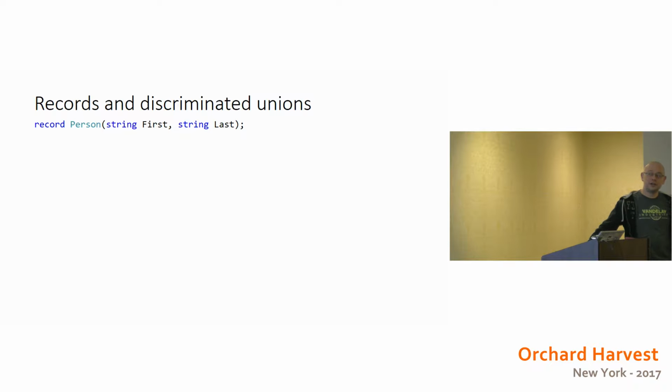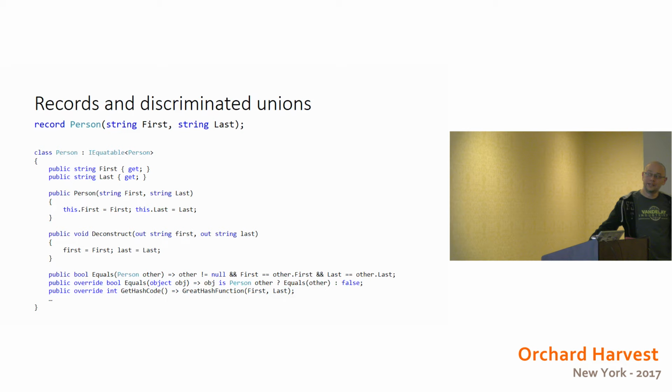They are very useful in data processing and basically it's a shortcut for all that code here. So every time you have to define an object that is immutable, that has some default constructors, default deconstructors, you want to define equality, hash codes, and so on, instead of doing that, which is very repetitive, you can just create a record. You like that? Yeah.